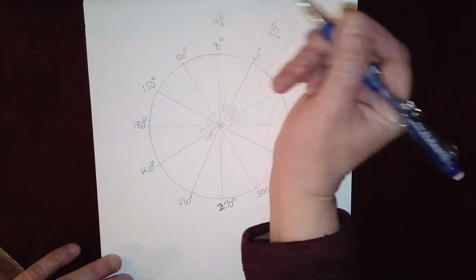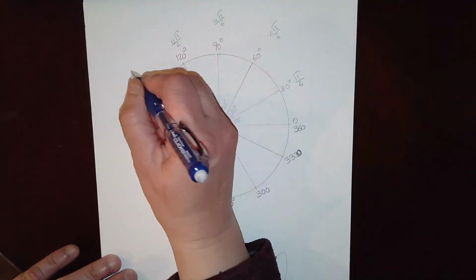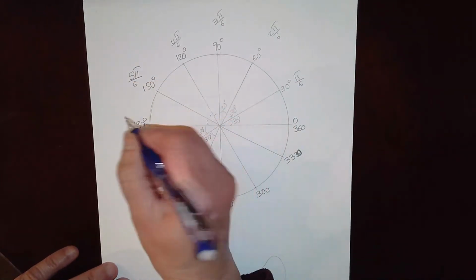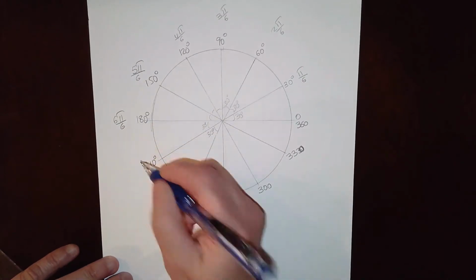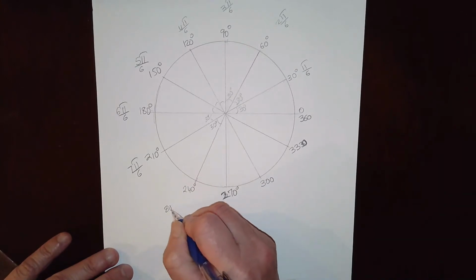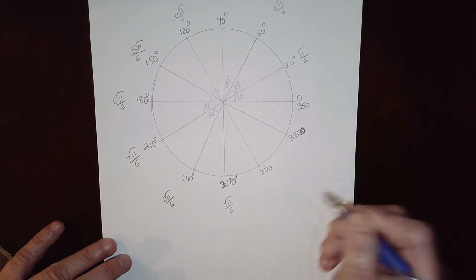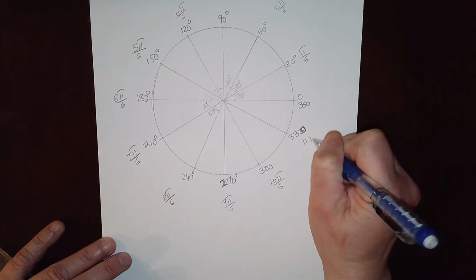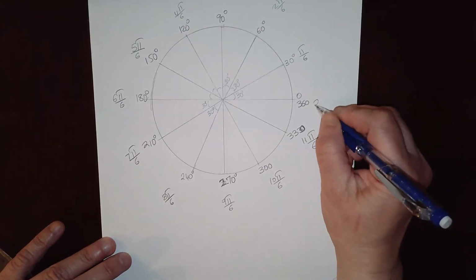Add another pi over 6, 4 pi over 6. Add another pi over 6, 5 pi over 6. Add another pi over 6, that's 6 pi over 6. Add another one, that's 7 pi over 6, 8 pi over 6, 9 pi over 6, 10 pi over 6, 11 pi over 6, and 12 pi over 6, or simply 2 pi.